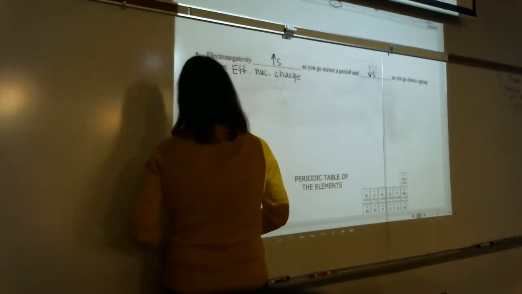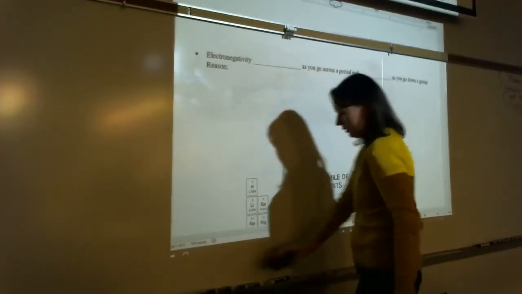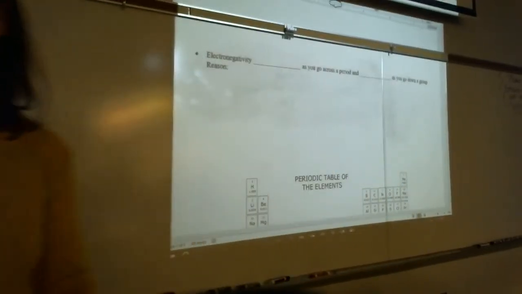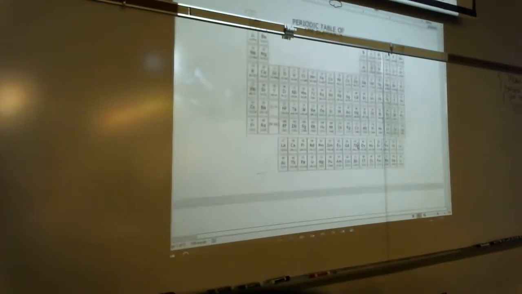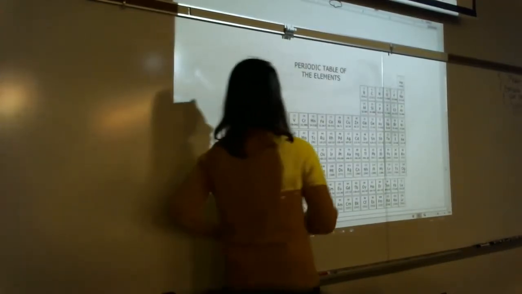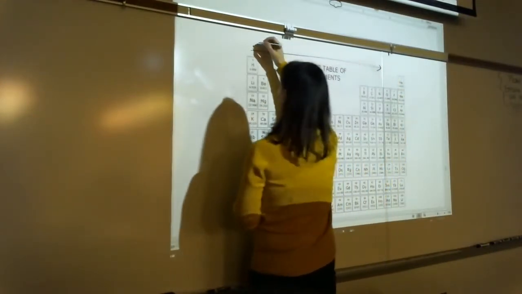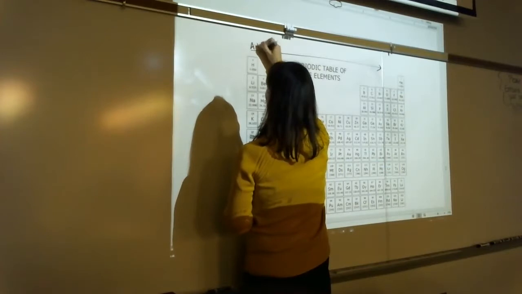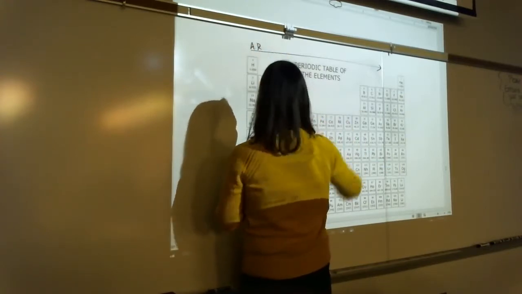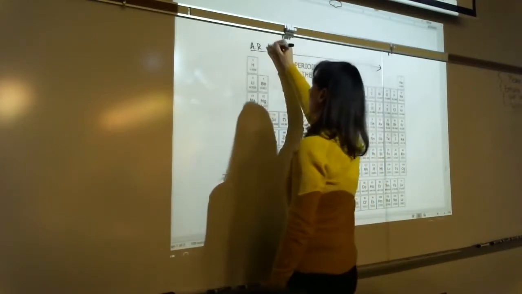So if we've got our periodic table here, which I have for you, if you want to summarize your periodic trends going this way, what happens to atomic radius going left to right? Increases or decreases? Decrease.